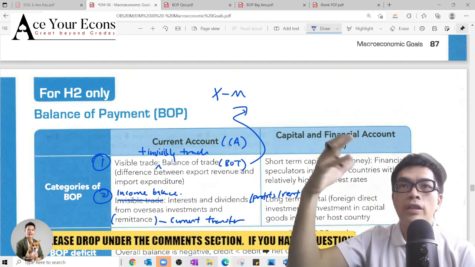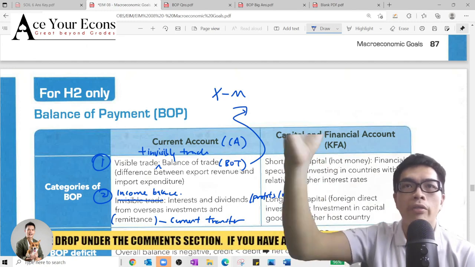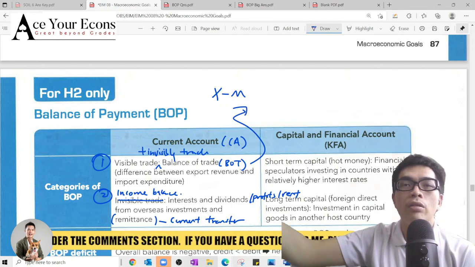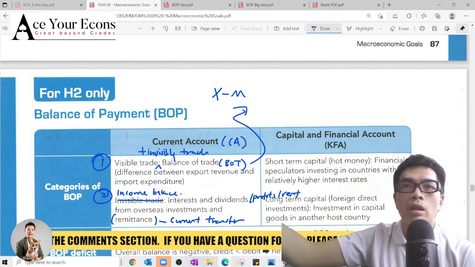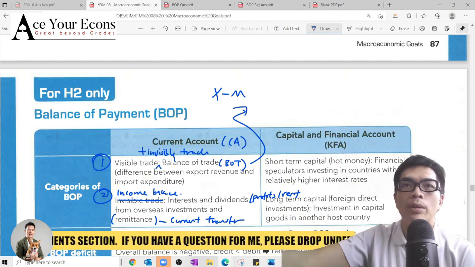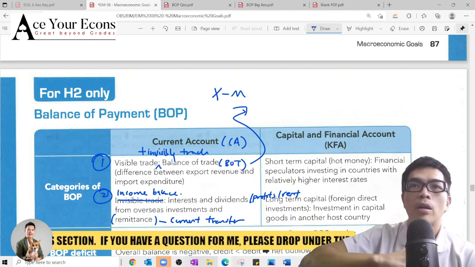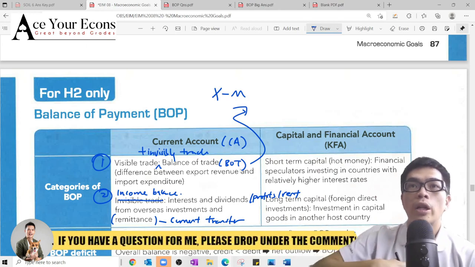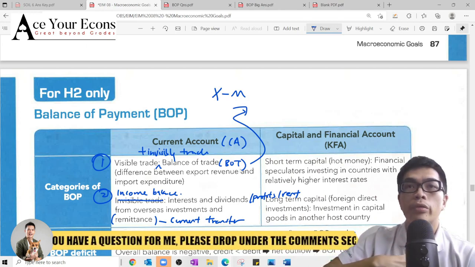For instance, Bread Talk has a lot of branches in other countries, let's say Indonesia. If Bread Talk Indonesia starts to remit profits back to Singapore, this is an inflow, and your income balance will be improved.